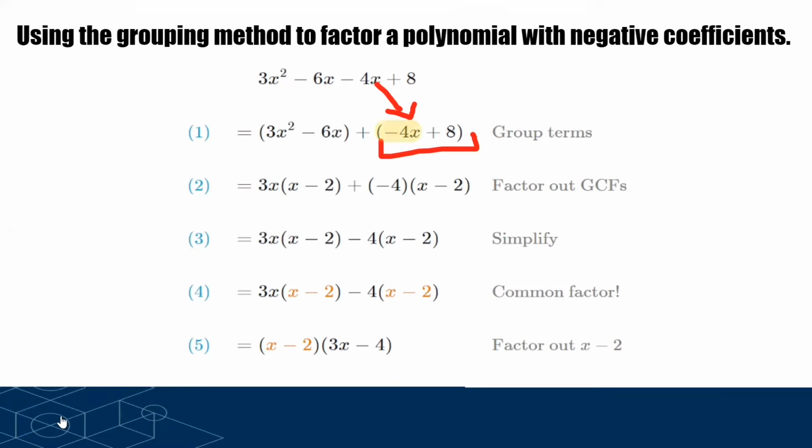So that is the only difference in this one. We just worked with polynomials with positive coefficients, now with negative coefficients, but they work out exactly the same way when it comes to doing grouping, right? There might be an extra step or two, but that is not a lot of work. So then let's do it.